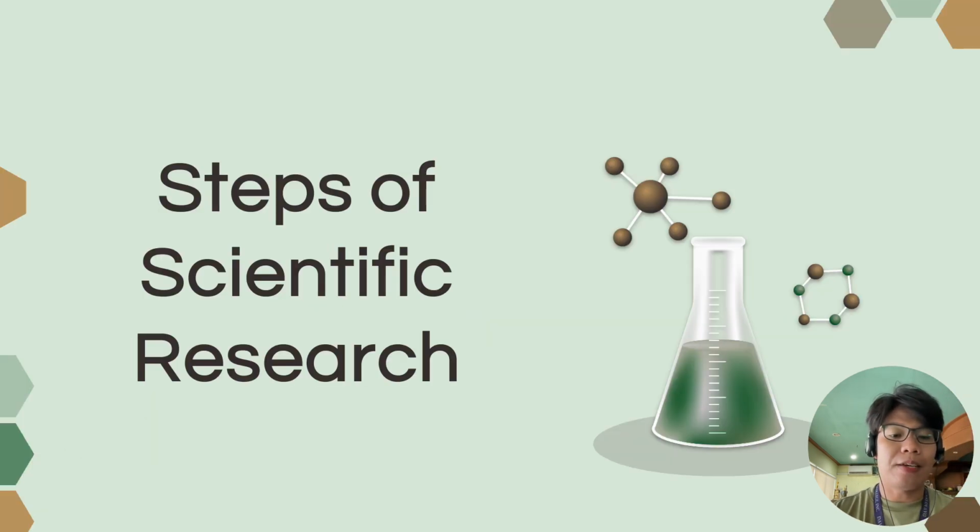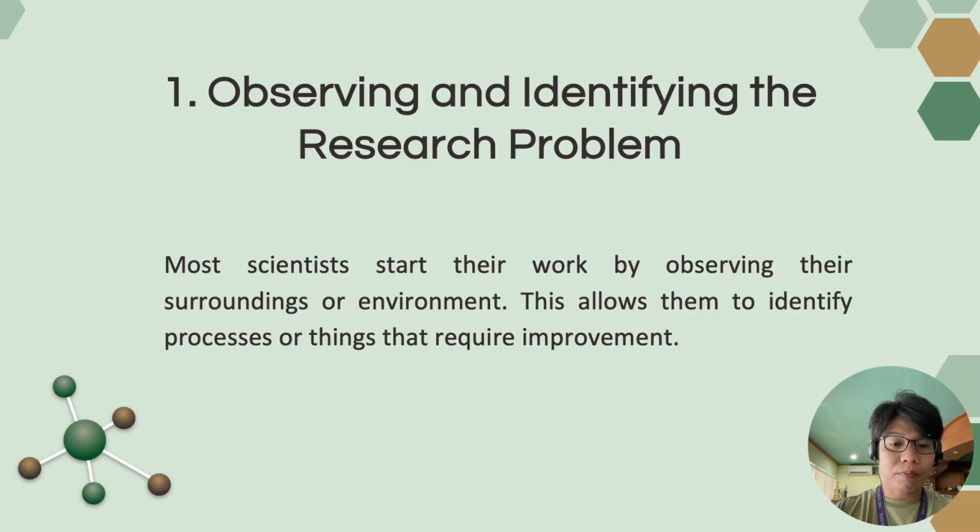Steps in scientific research. The steps of scientific research employ a scientific method. This is the kind of procedure employed by scientists, whether natural or social scientists, to come up with answers to their scientific inquiries. First, observing and identifying the research problem.